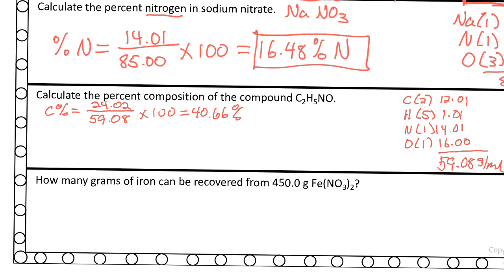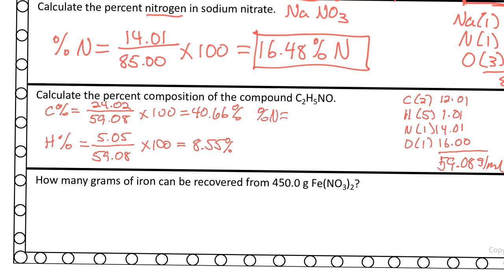Let's do hydrogen next. Total amount of hydrogen, the 5 times 1.01, total amount of hydrogen is going to be 5.05, divided by 59.08 times 100 is going to give you 8.55% of hydrogen. Now I'm ready for nitrogen.